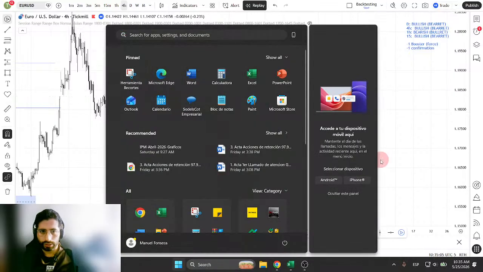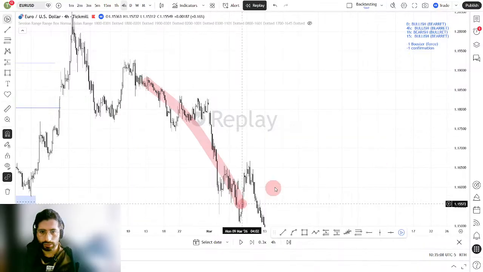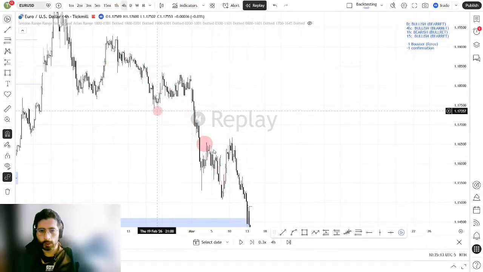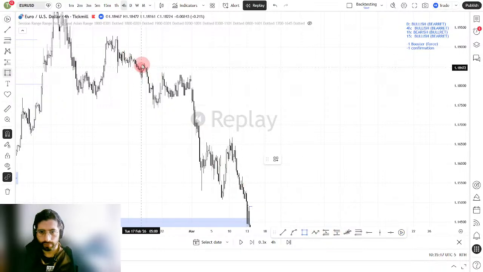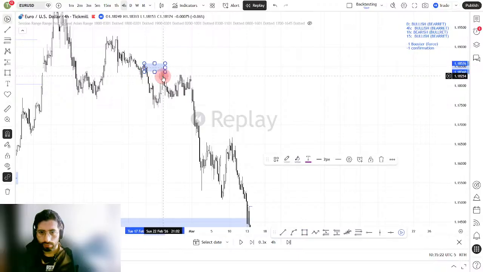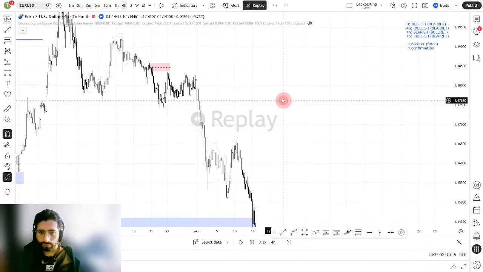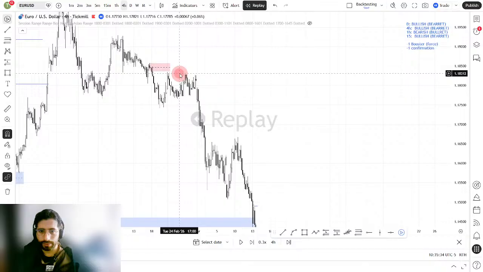What are we going to see here? The price is pushing downwards, so where is the beginning of a range? Right here, look. This may be the range beginning in the 4-hour time frame.